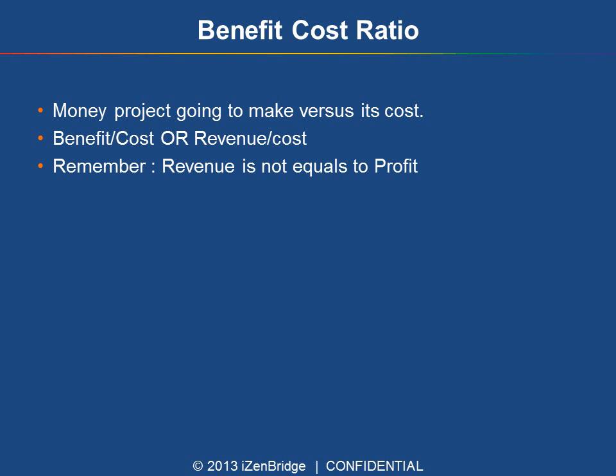Revenue is what we get, what we sell out of this particular project investment decision, and what cash or cost it incurs. It can also be looked at as a ratio of cash inflow and outflow, because revenue is something which you are getting in and cost is what you are paying out.